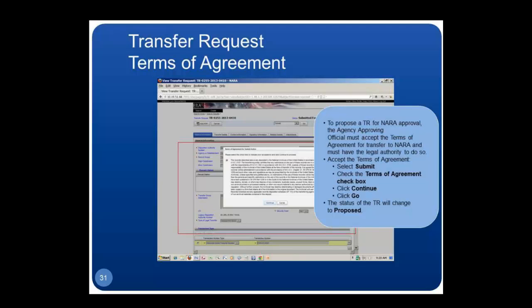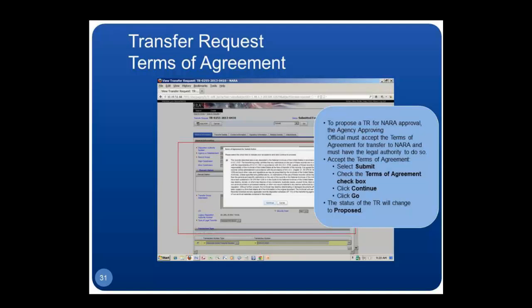And that box appears on the screen. Next step would be to review the terms of agreement, select the checkbox, click Continue, and then Go. So at that point, the status of the transfer request updates to proposed, and the form has been submitted to the National Archives in the ERA system.